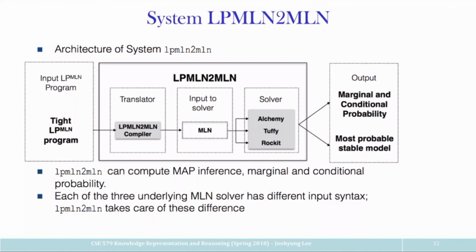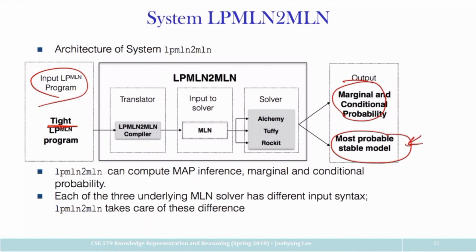Okay, so the architecture looks like this. You have an LPMLN program as input. Of course, we have to assume this is tight, and the definition of tight is the same as before. The output of the system can compute marginal and conditional probability, or only return the most probable stable models. Now, of course, you can say that if you compute the probability, then looking at the probability, you can find the most probable stable model.